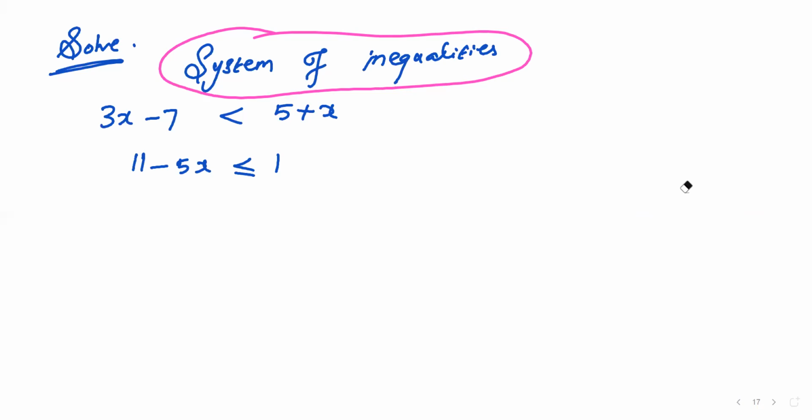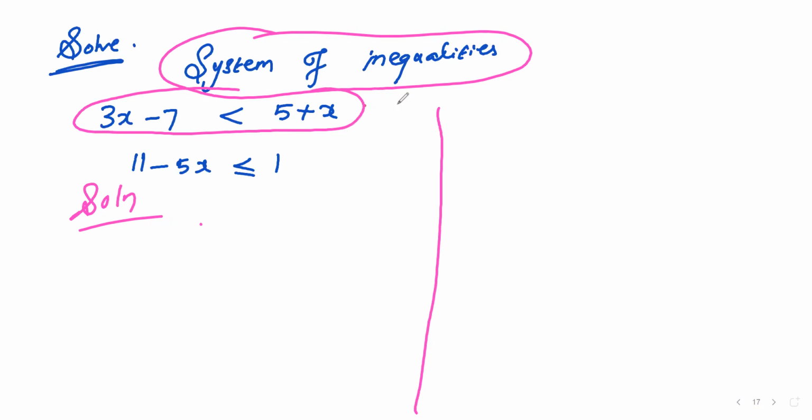So we start. They have given three inequalities. The first inequality is 3x minus 7 less than 5 plus x.